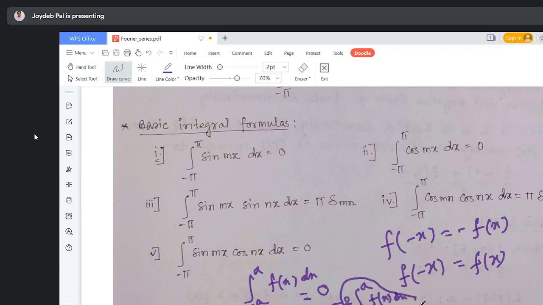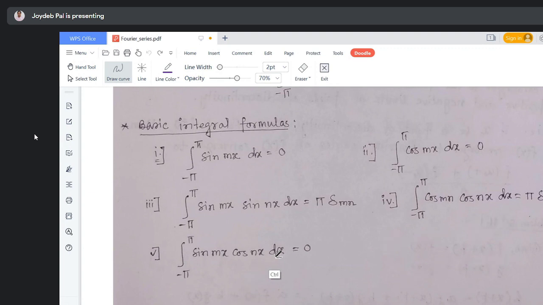That is for the even case, and ये 0 value odd case. So sin mx and cos nx, it is an odd function. You can verify it. It is an odd function. Therefore, minus pi to pi integration 0. Fine. So better to remember these 5 integral formulas.